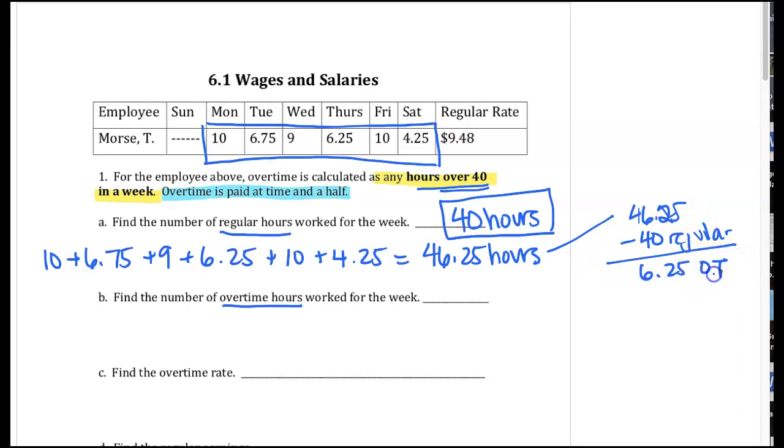I'm going to abbreviate OT for overtime. So here's our 6.25 hours of overtime. If you add up the regular hours and the overtime hours, that would be the total hours in the week.